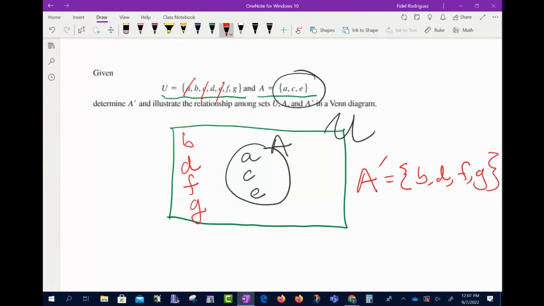They're everything that's inside the universal set that's not in the set A. So everything outside this circle would be our A complement. It's everything in the universal set that's not in the set A. All right.